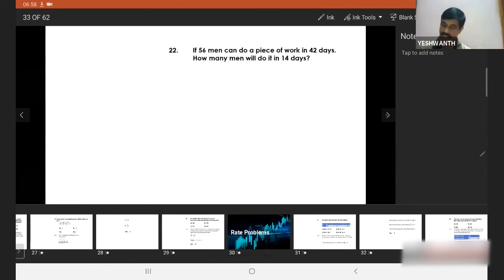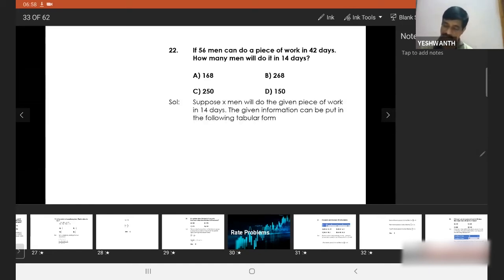Look at this. 56 men can do a piece of work in 42 days. This is the same question; what we did before and what we do now. Before, we took 56 men in 42 days. Now, how many men, means X men, in 14 days?